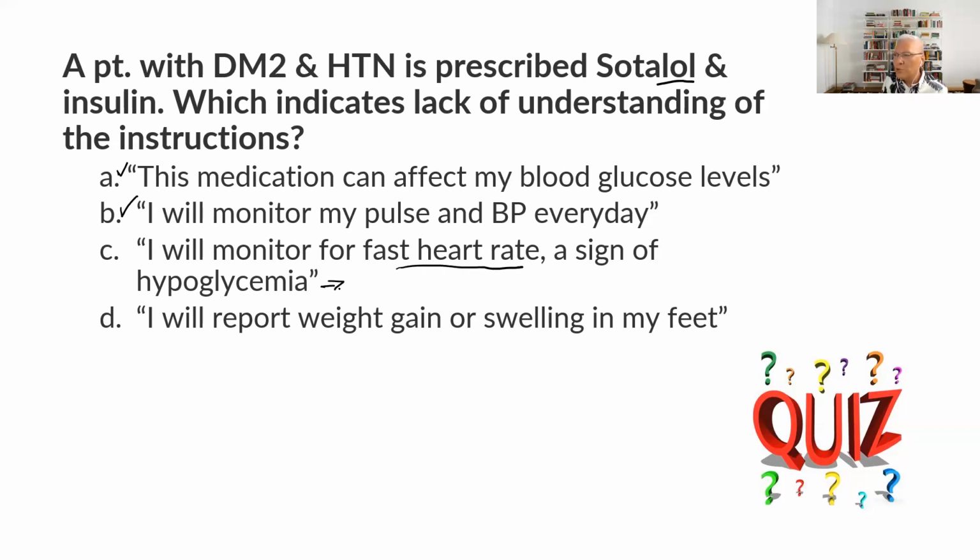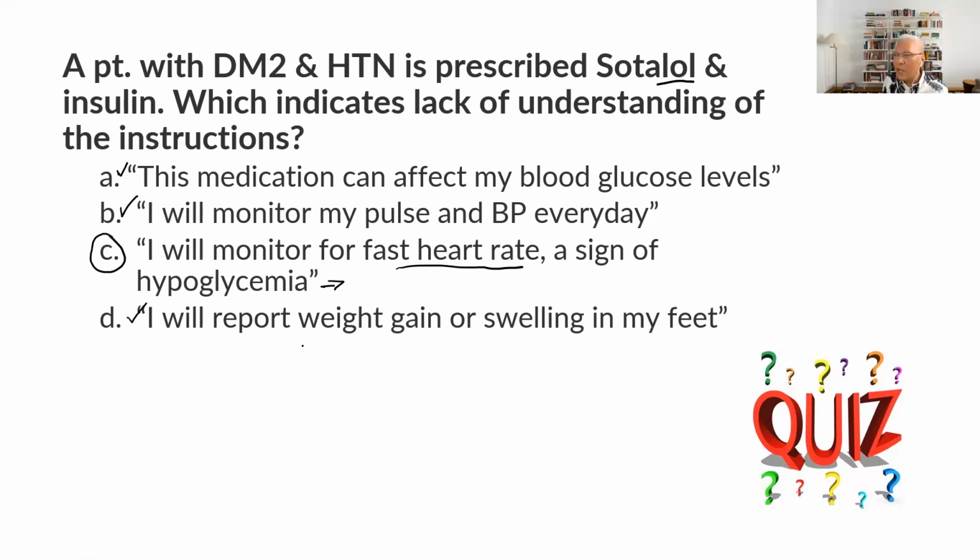Well, this is true, but remember that beta blockers are going to decrease heart rate. And therefore, this is no longer going to be a reliable sign for monitoring for hypoglycemia. So you might have to monitor for other signs and symptoms of hypoglycemia. And I will report weight gain or swelling in my feet.